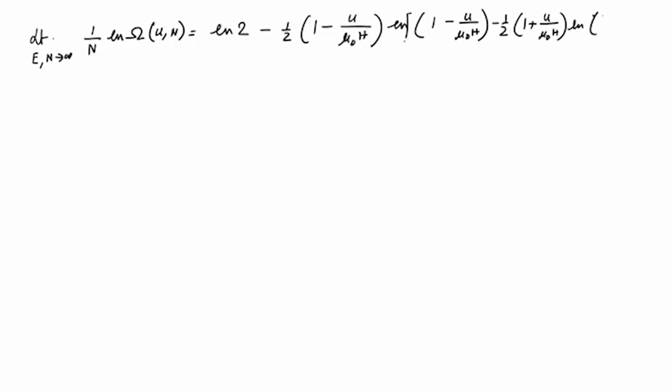So, there is a half factor that I missed here, sorry, this half factor is not there because we have taken this half. So, there is no half there. Okay. So, this is fine. So, we will write it as log of that. So, it is 1 plus u by mu 0 h. So, that is the expression when we divide the number of microstates by the total number of particles.